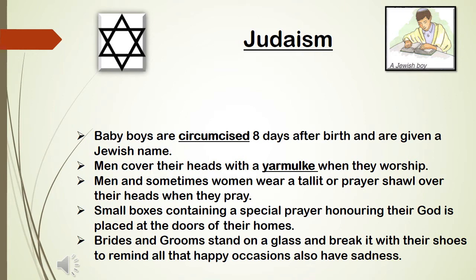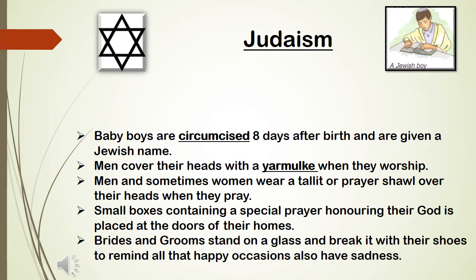In Judaism, baby boys are circumcised 8 days after birth and are given a Jewish name. Men cover their heads with a yarmulke when they worship. Men and sometimes women wear a tallit or prayer shawl over their heads when they pray.